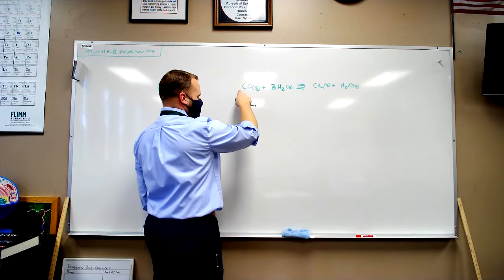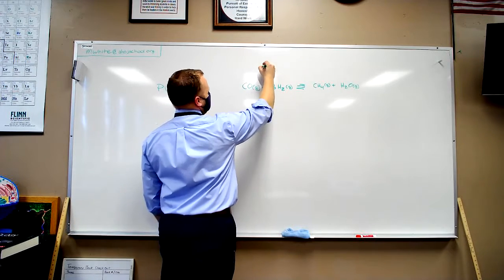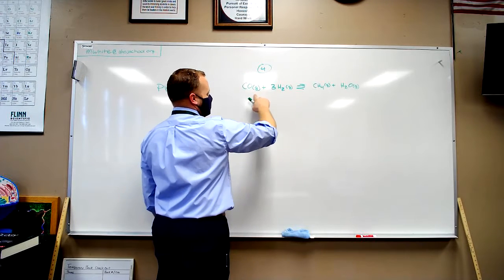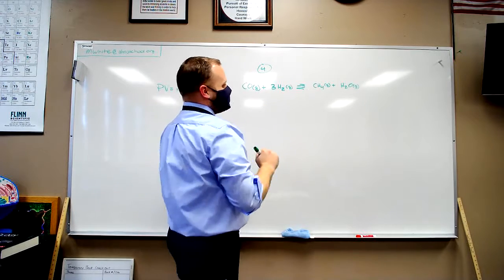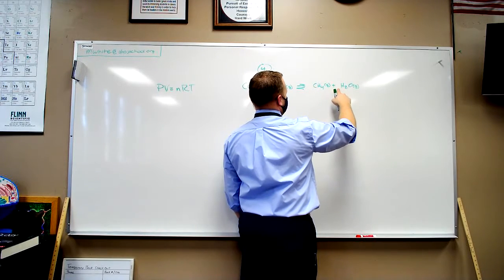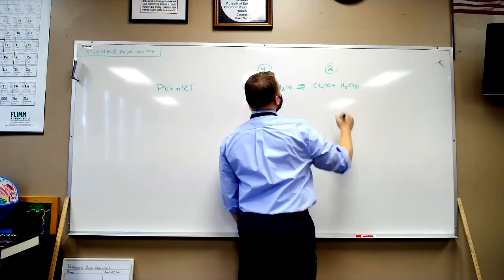So we have 1 mole plus 3 moles. So over here, there's a total of 4 moles of gas. Over on this side, we have 1 and 1. So we have a total of 2.